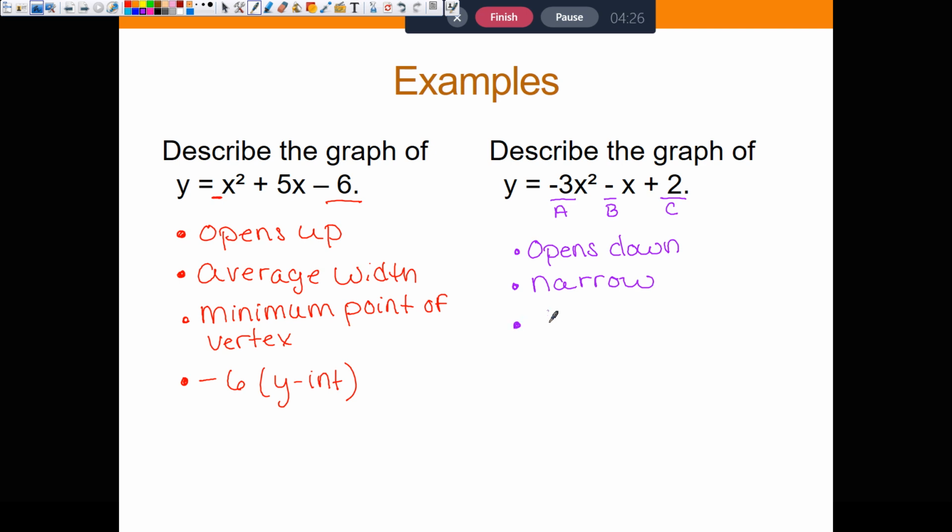A is negative, so it has a maximum point at the vertex. And our y-intercept C is 2.